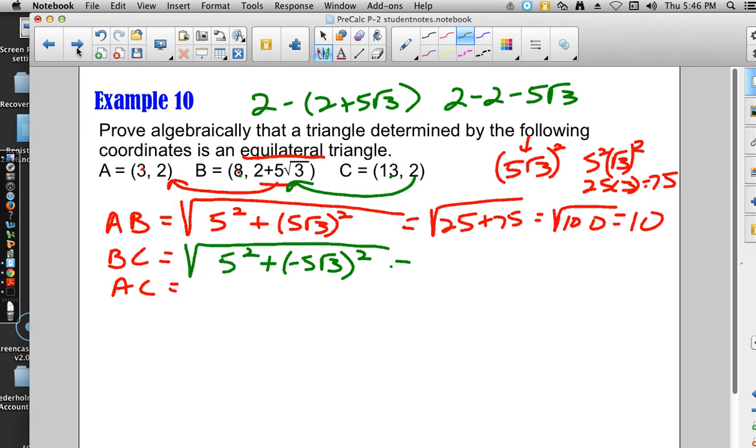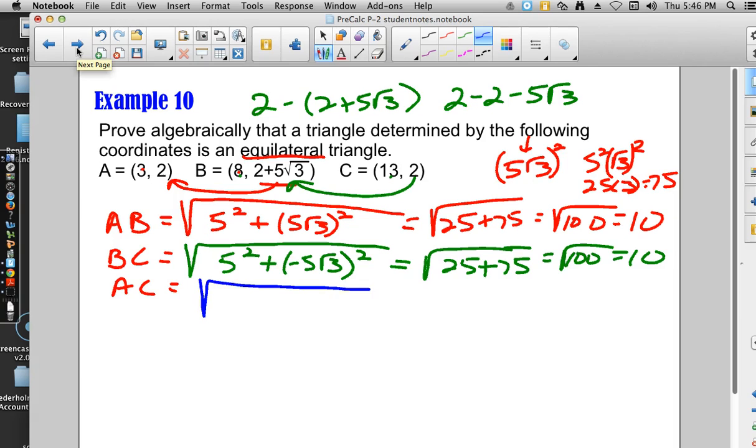But we're going to square it anyway, so it's still going to be the square root of 25 plus 75, which is the square root of 100, which is 10. One more to go. Let's see what happens here. A to C. 13 minus 3, that's 10 squared. Uh-oh, are we going to go over? 2 minus 2. Oh, love it. Square root of 100 equals 10.